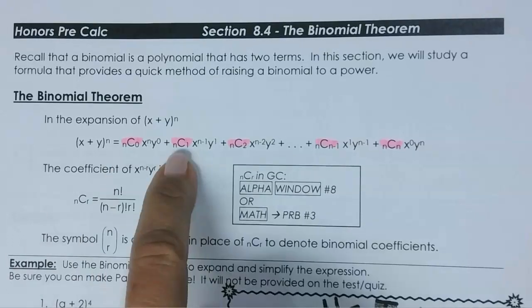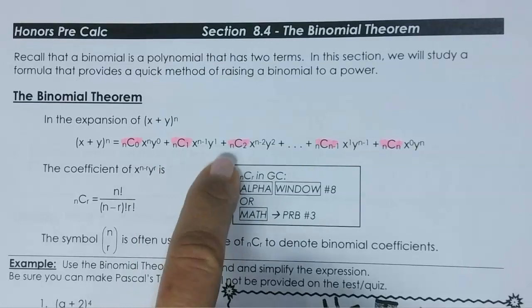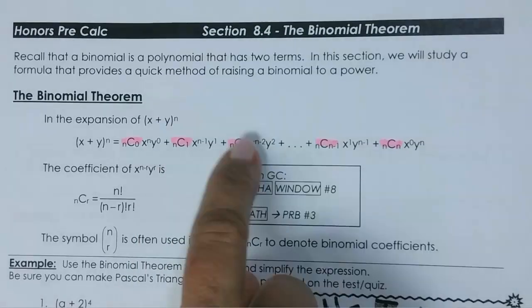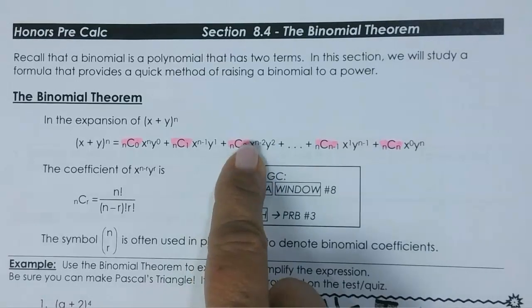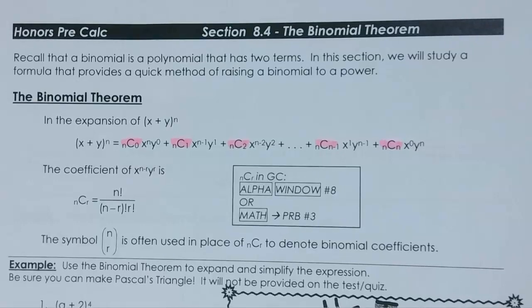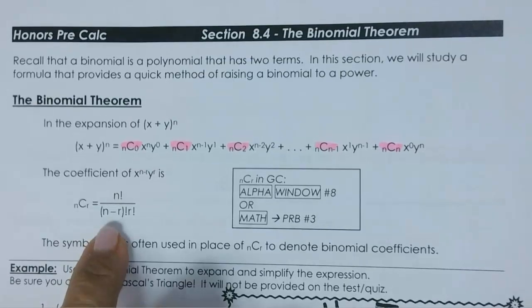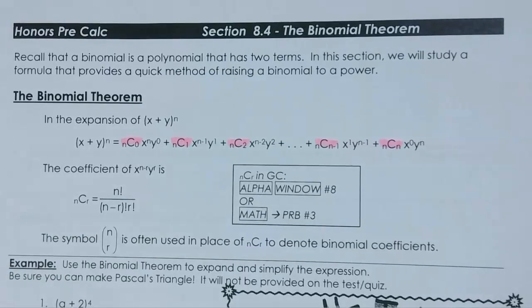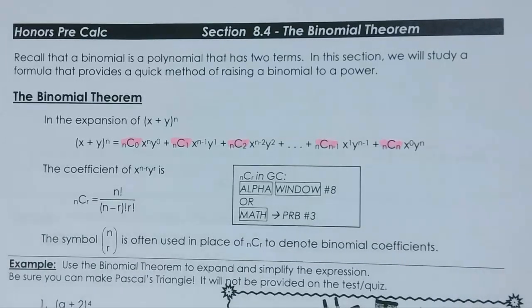This is n terms and we're combining 1. n terms and we're picking groups of 2. And nC3 would be n terms and we're picking groups of 3. And that is given by this formula, n factorial over n minus r factorial times r factorial. And we can look at how we'd find that in a little bit. But that's the first part of each term.